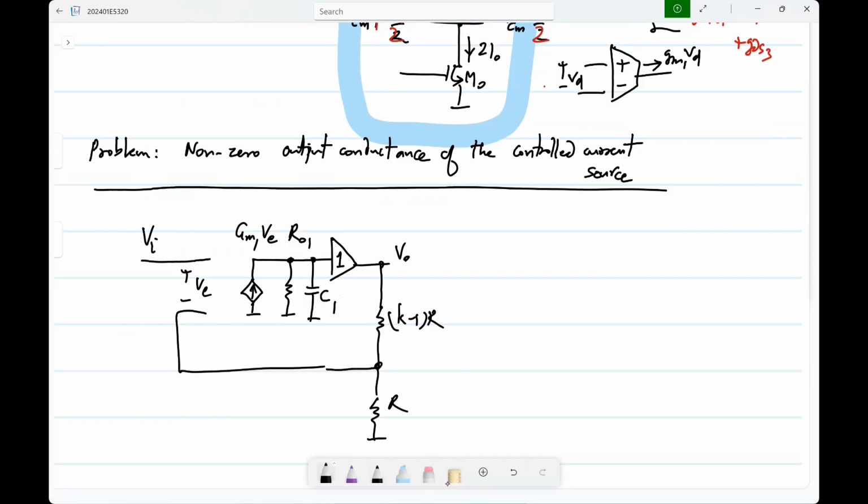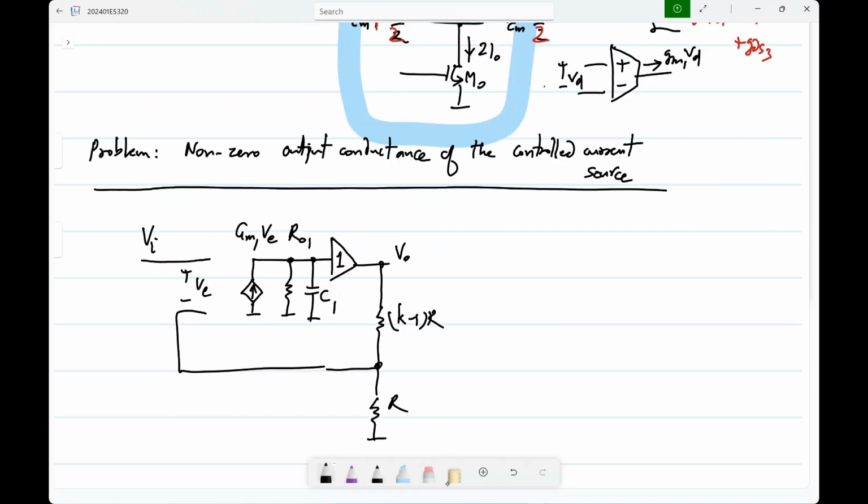Yeah. So what? No, I know. Why don't I want loading? Yeah, okay. So what is the consequence of this?